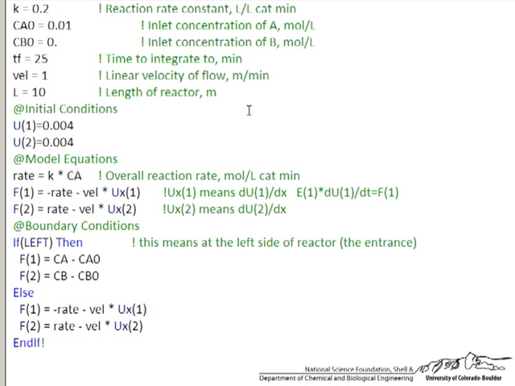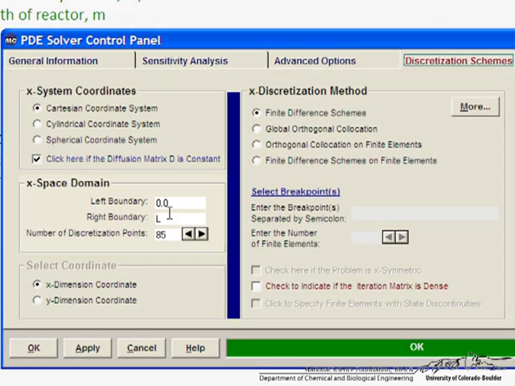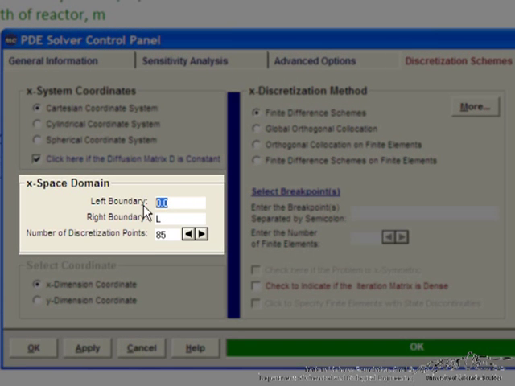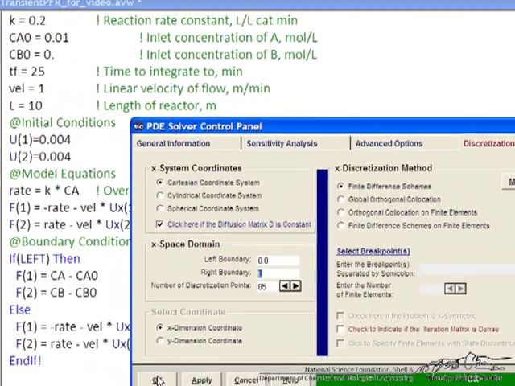So again, if we look at F12 to remember what we're doing in the case where we have two variables, the left boundary is 0, the right boundary is L. So left boundary means inlet to the reactor, the right boundary is the exit from the reactor.